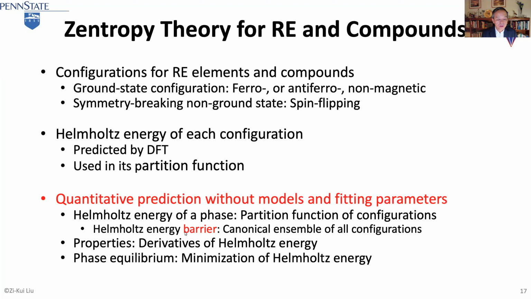We also get the Helmholtz energy barrier between different states of the system, with the canonical ensembles of all configurations. Then when we get the Helmholtz energy of the system, we can take derivatives of it to get all the properties. And by minimizing the Helmholtz energy, we can get phase equilibrium too.